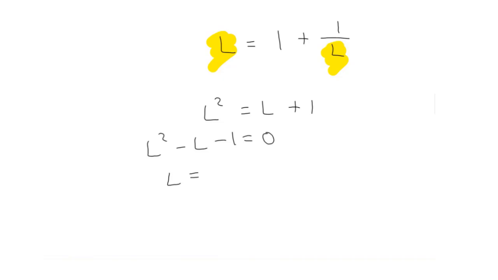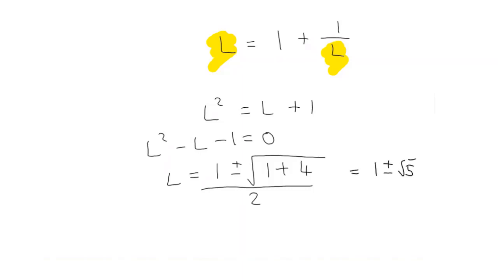So L equals minus b, well b is minus 1, so it's just 1, plus or minus the square root of b squared, minus 1 squared is 1, minus 4ac, so that would be minus 4 times 1 is minus 4, times the minus 1 is plus 4, all over 2a, well a is 1, so that must be all over 2. So equals 1 plus or minus root 5 over 2.